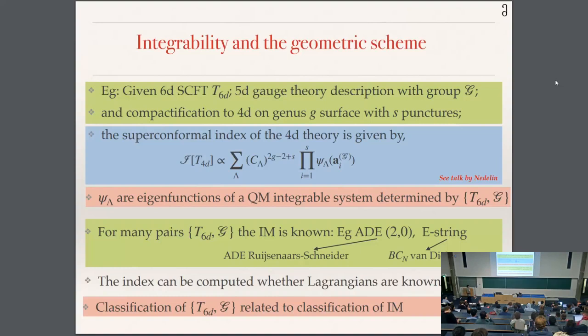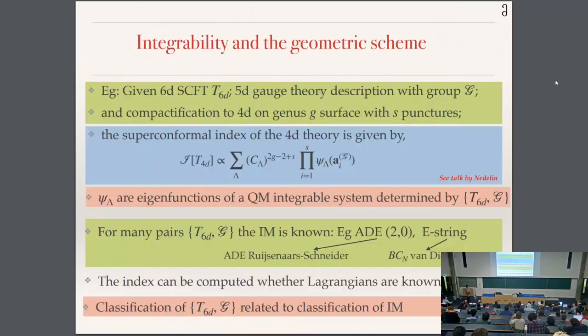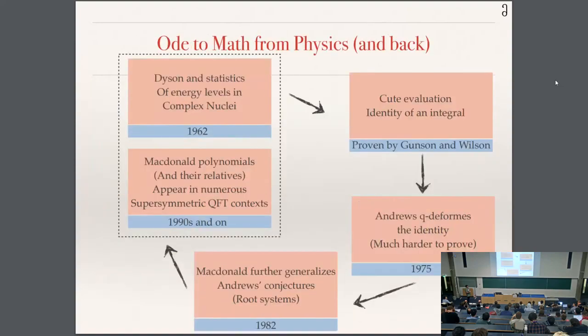So it seems that the classification of the 6-dimensional quantum field theories and their 5D compactification is tightly related to a classification of a sort of integrable models. And here let me mention a historical anecdote. These eigenfunctions which appear here in certain cases are what are called Macdonald polynomials, and they have a very interesting history.